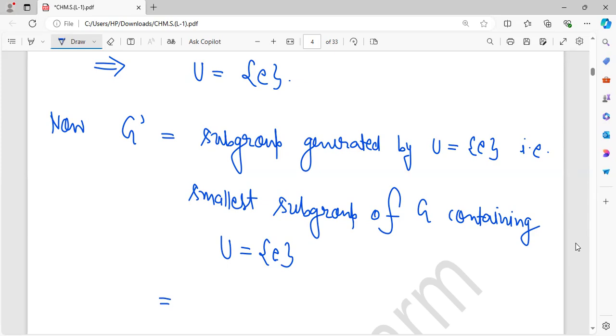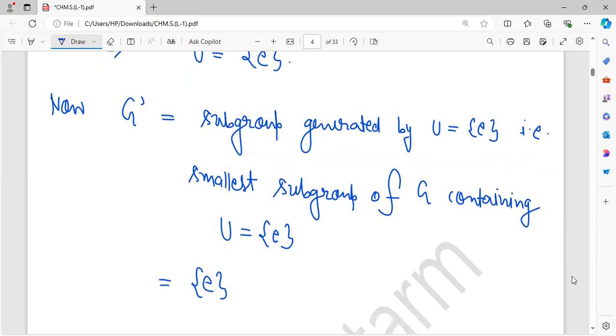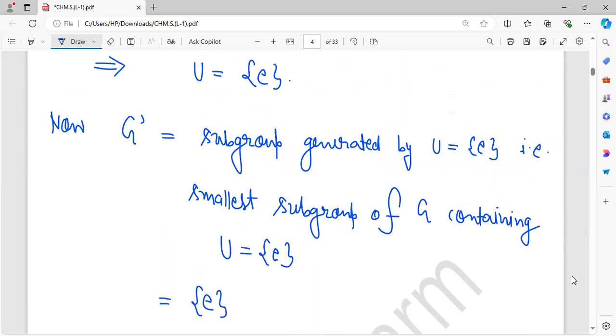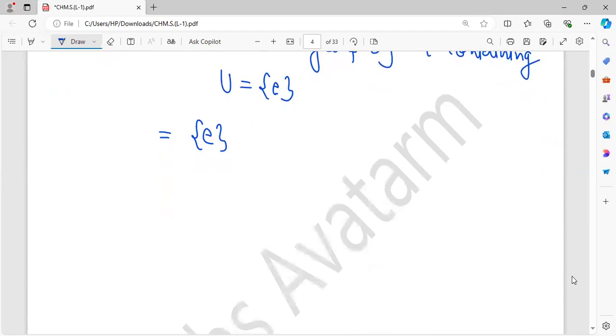Because U here contains only the identity element, so it is E itself. It means G dash is equal to E. So it is proved now. One side is proved.